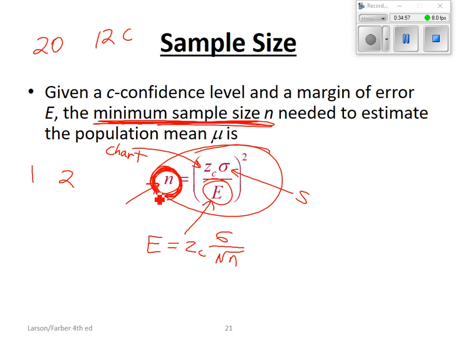If we're getting ready to do a survey, we don't know the margin of error yet because we haven't done the sample, so we're stuck. But we could say we want our margin of error to be about 2, and then we can figure out we need a sample of at least 78 people, or whatever it comes out to be.